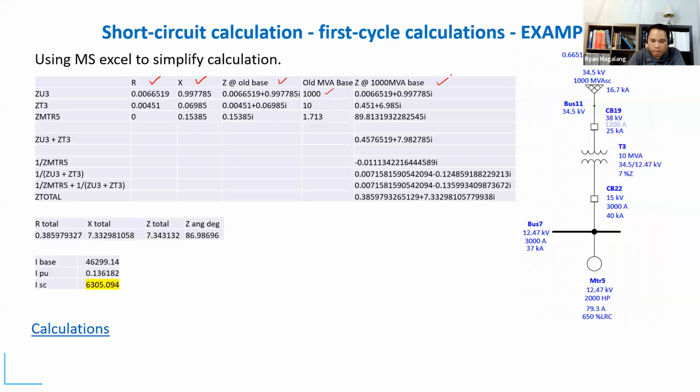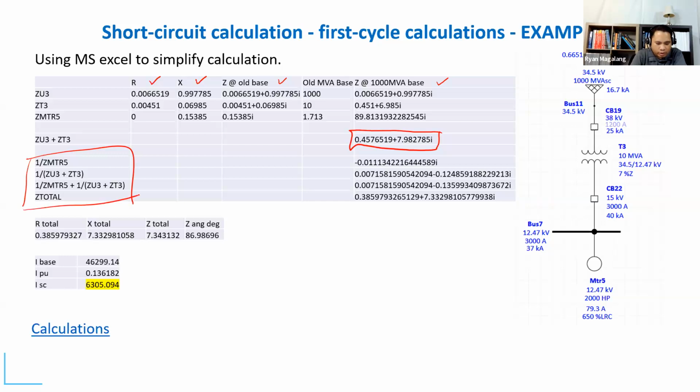I'm not showing the calculation here. Then we sum up U3 and T3, the utility and the transformer, because they are in series.